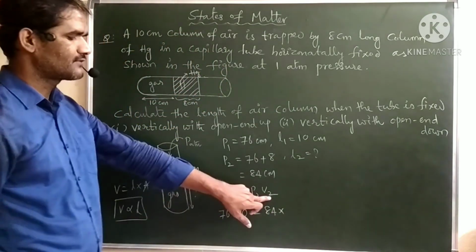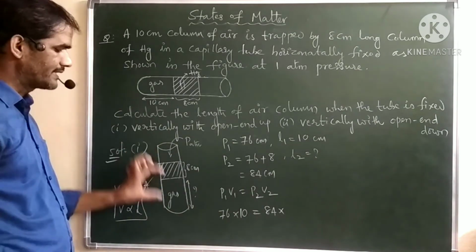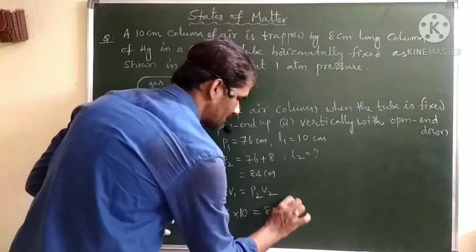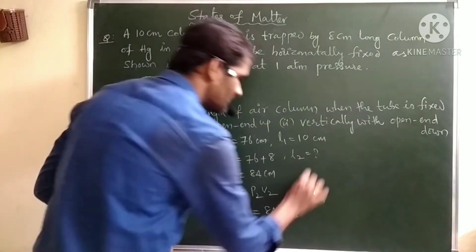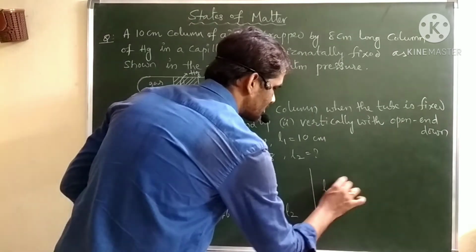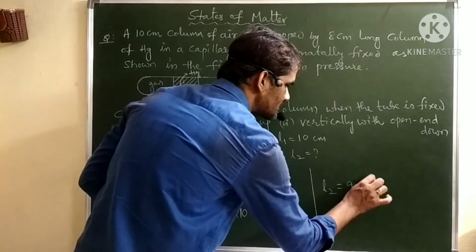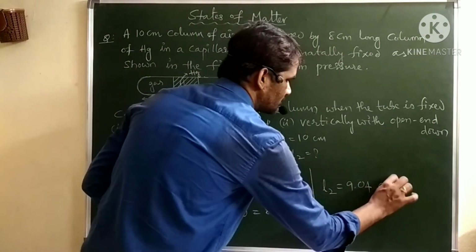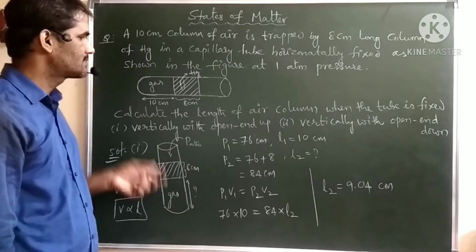V2, again V2 means what here? Again volume is directly proportional to the length of the gas column, that we have to calculate. That V2 means here we can write L2. If you simplify, then we will get L2, the column of the gas, is 9.04 centimeters. So here the length of the gas is 9.04.